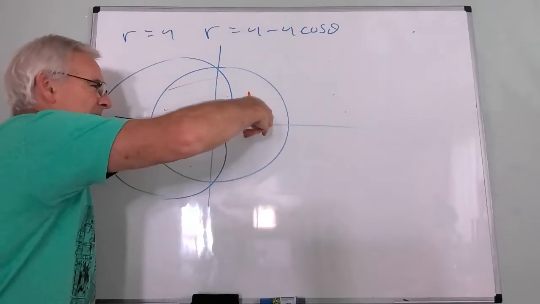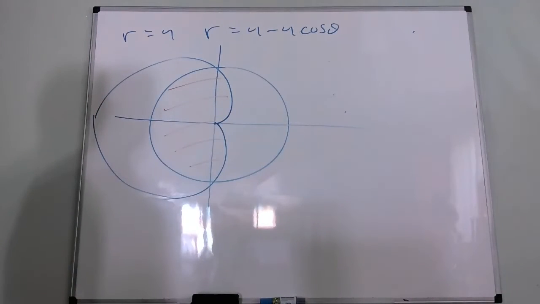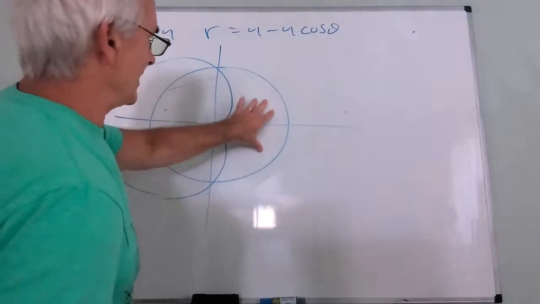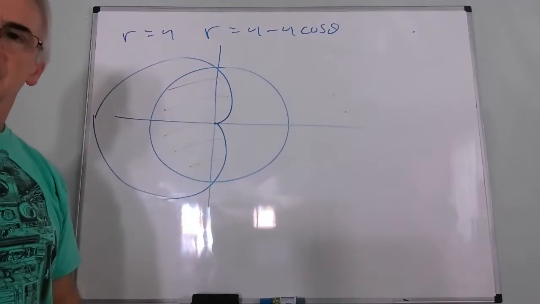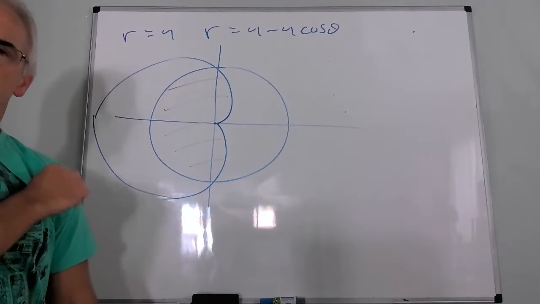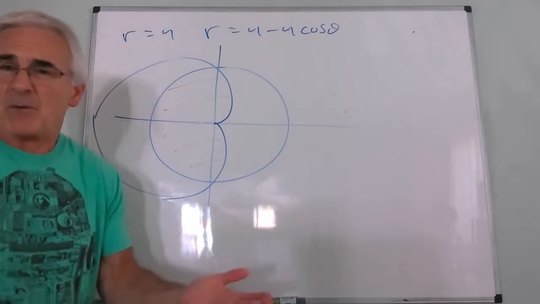So does anybody want to tell me, how would I describe in words this region right here to the right of the cardioid? Anybody want to try that one? Because I said that was a possible answer.